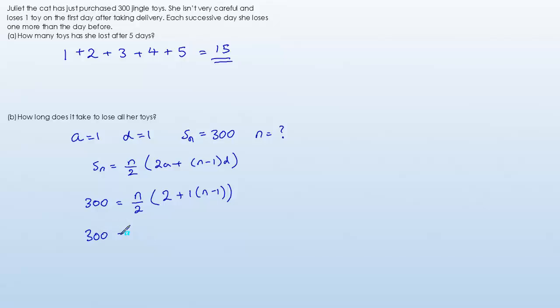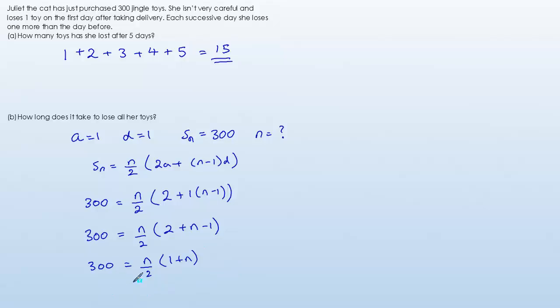So 300 is n divided by 2. Expand this out in here, that would be 2 plus n take 1. So 300 is n divided by 2, 1 plus n.